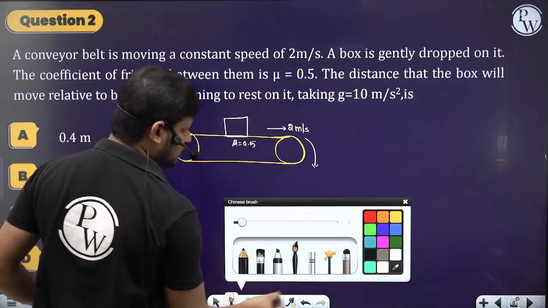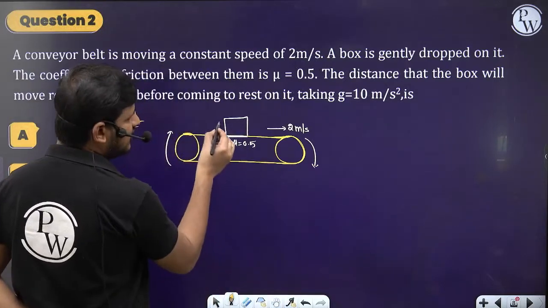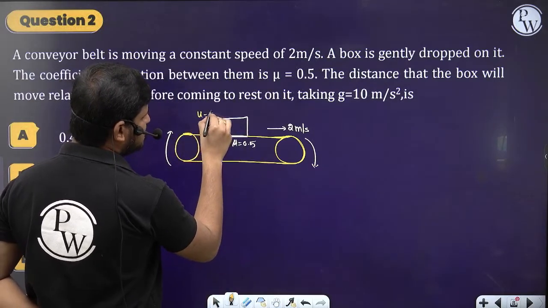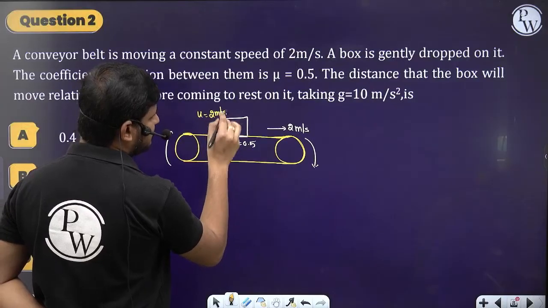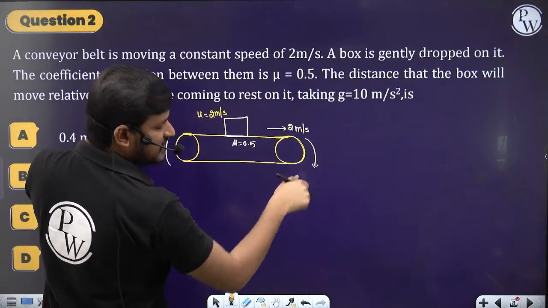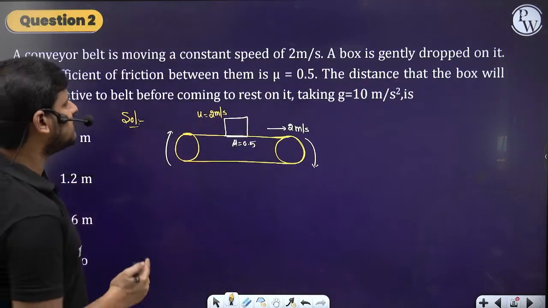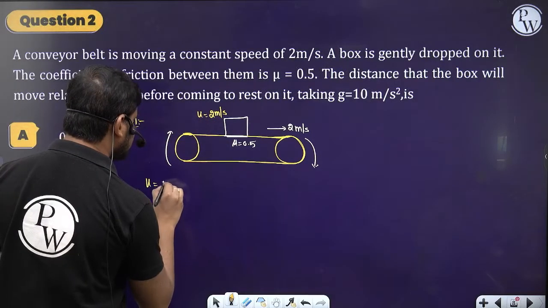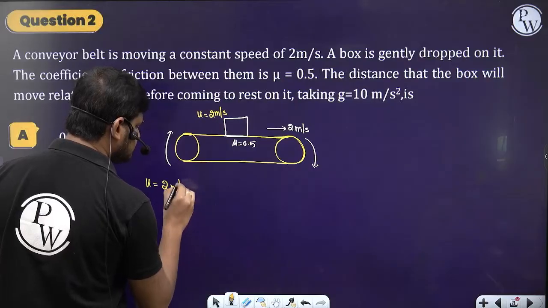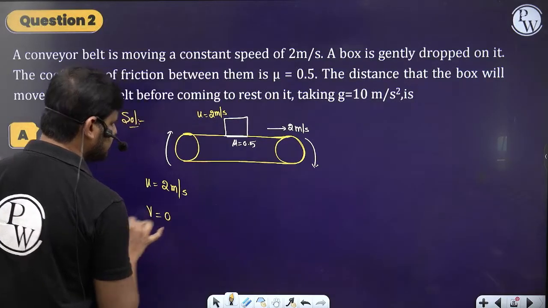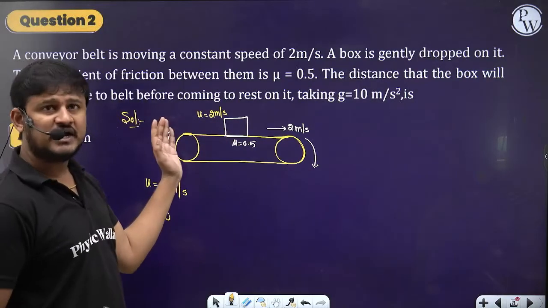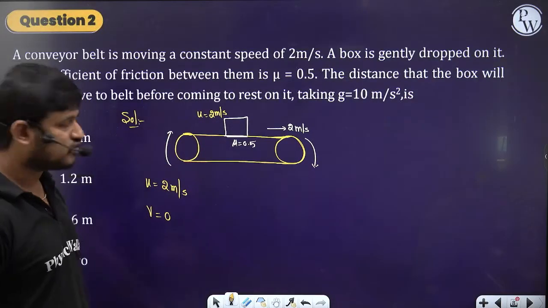I can say u is equal to 2 meters per second. With whatever velocity the conveyor belt is moving, with the same speed the box moves, and after some time it comes to rest. So its initial velocity is 2 meters per second, and its final velocity is 0. We have to find how much distance it travels before coming to rest.